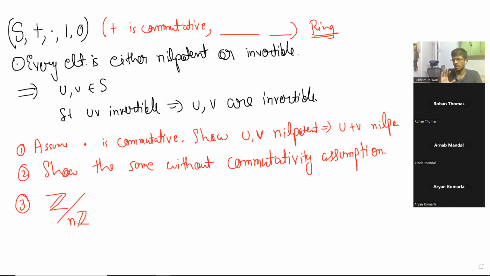Yes, yes. So basically, if you know the proper definition, it's fine, but you don't need it for this problem. You just think of it as the integers from 0 to n, and addition and multiplication is done modulo n. That is fine with everyone?